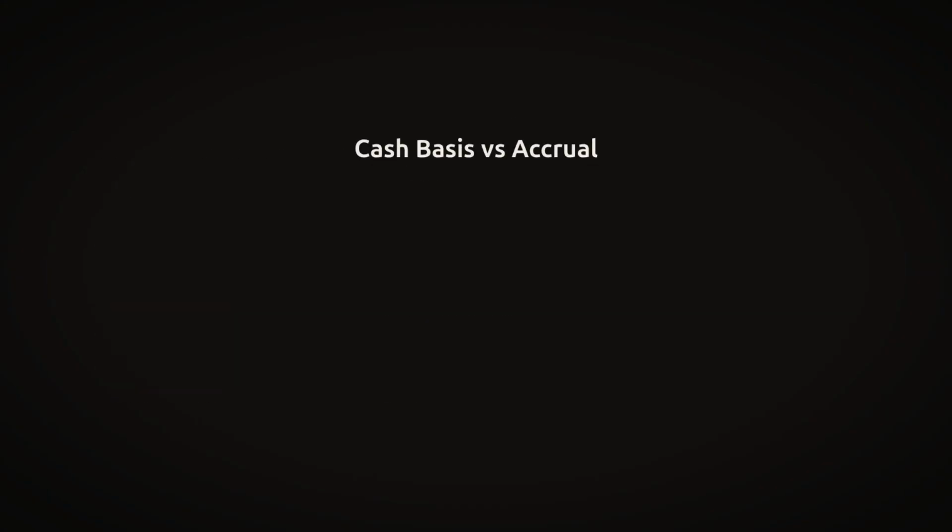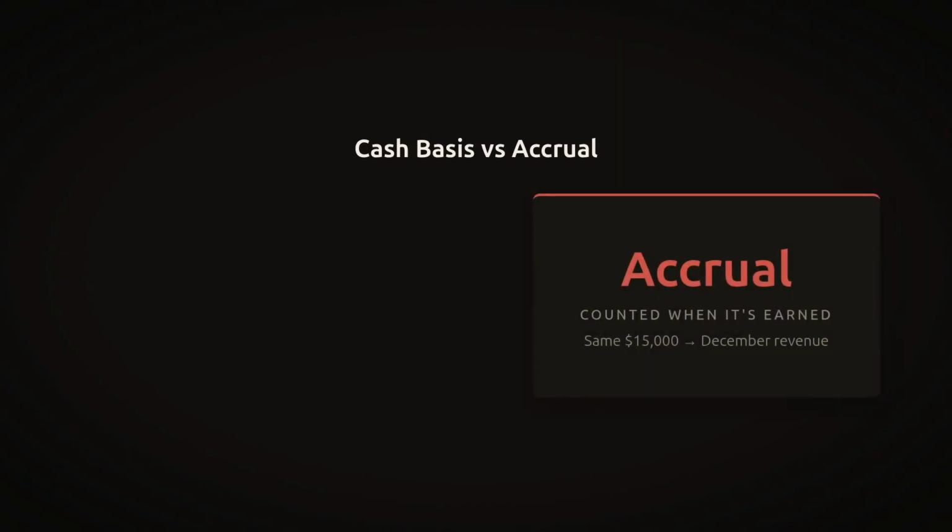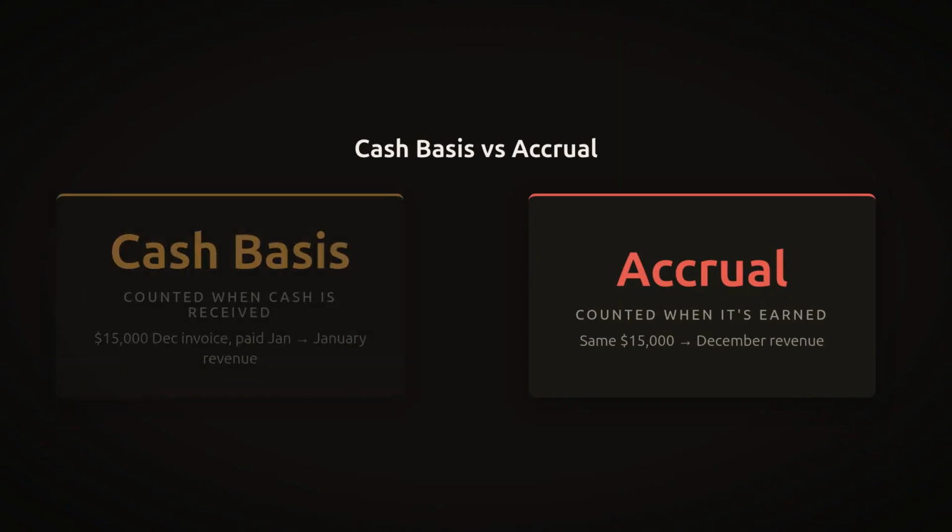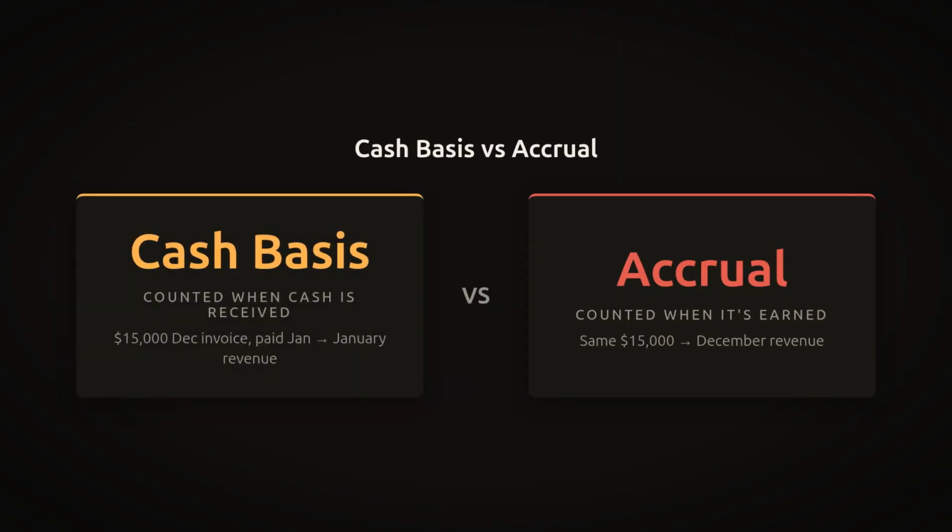Revenue is recognized when it's earned, not necessarily when cash arrives, under accrual accounting. Under cash basis accounting, which most freelancers use, revenue is recognized when cash is received. If you invoice $15,000 in December and the client pays in January, under cash basis, that's January revenue.